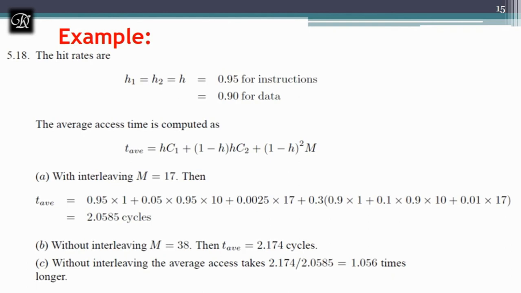Without interleaving, where M is 38, the average time will be 2.174. So without interleaving, the average access time will be 2.174 versus 2.0585. It means it is about 1.056 times longer, so without interleaving takes 1.056 times longer than with interleaving.